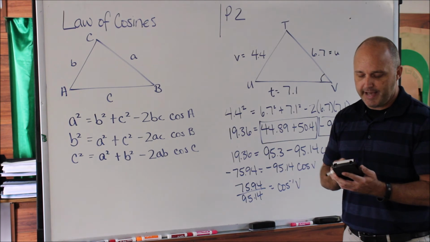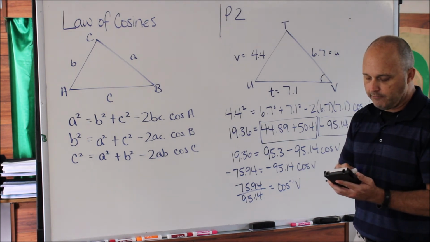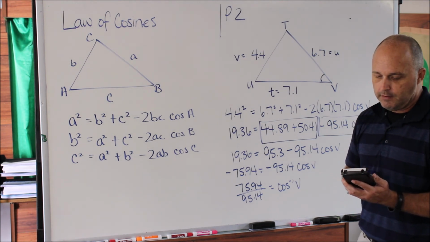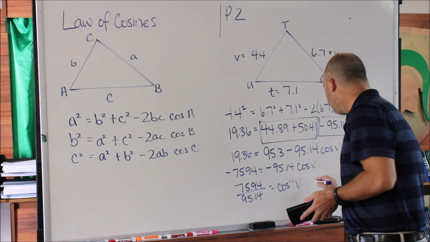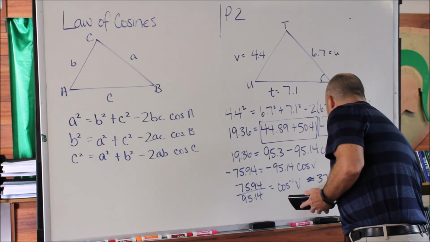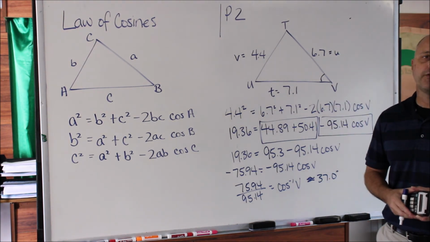So when we punch that in, the inverse cosine of 75.94 divided by 95.14 gives us 37.04. That's an approximation of 37.0 degrees. So we know that V is approximately 37 degrees.